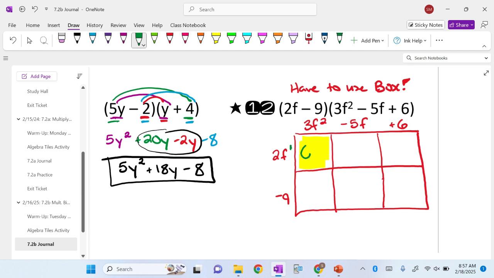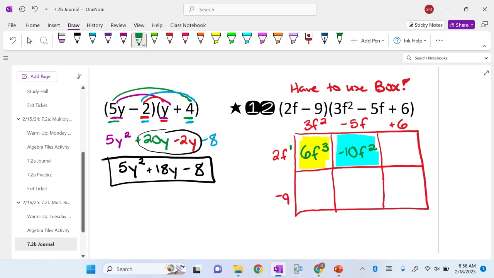So 3 times 2 is 6. f times f squared is f cubed. What about this box? Right, negative 10f squared. You do negative 5f times 2f. So you just get negative 10 because 2 times negative 5, and then f squared.